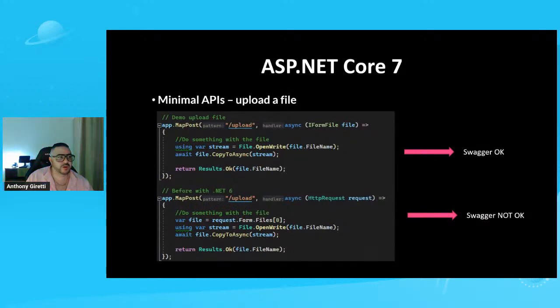Before going through ASP.NET Core 7 features, I just want to mention that Microsoft did not put a lot of effort into MVC and Web API controllers. They put a ton of effort into Blazor, which won't be part of this presentation today. They put a ton of effort into minimal APIs instead.